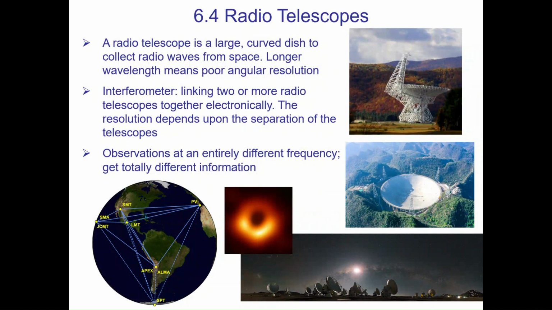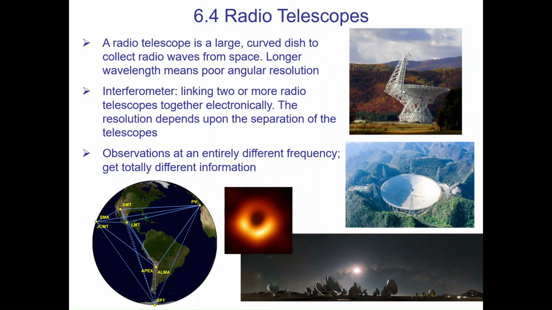It's a large curved metal dish to collect the radio waves from space. And it is actually easier to make a radio telescope or radio dish very big because radio waves have a longer wavelength. It is insensitive to the imperfections on the dish. And you can see you don't even need to build a dome for the radio dish.